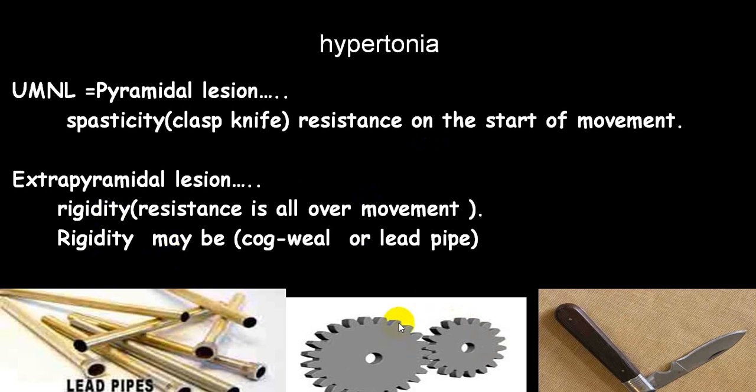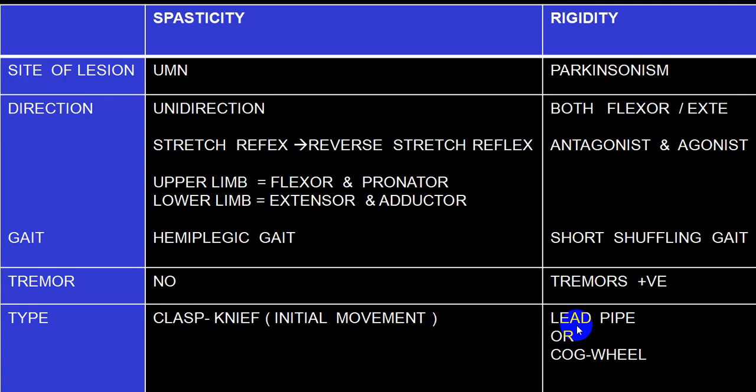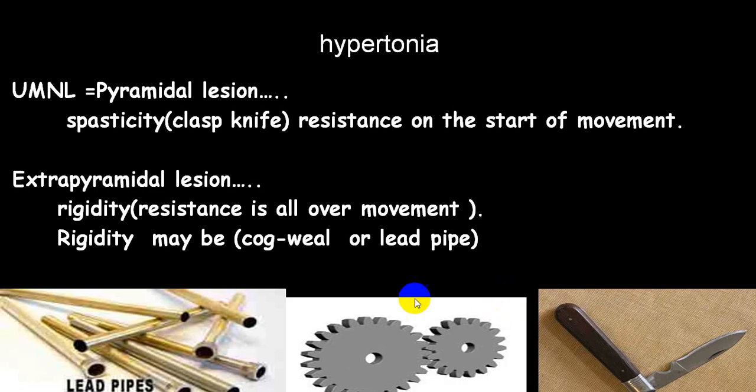And if you get alternate rigidity, little contraction, relaxation, that is typically described as cogwheel. While initial resistance followed by sudden give way, because of the typical phenomenon we described, stretch reflex followed by reverse stretch reflex, that is clasp-knife type of rigidity.